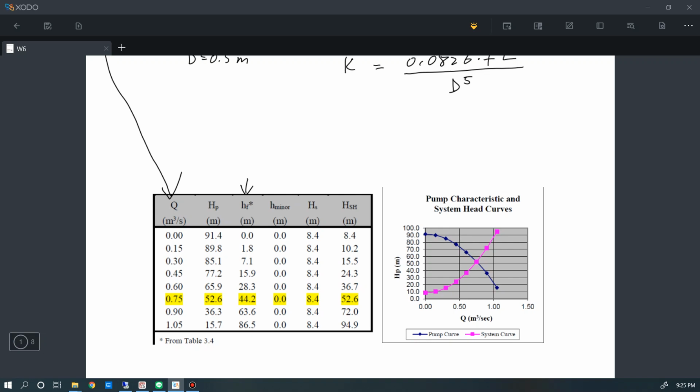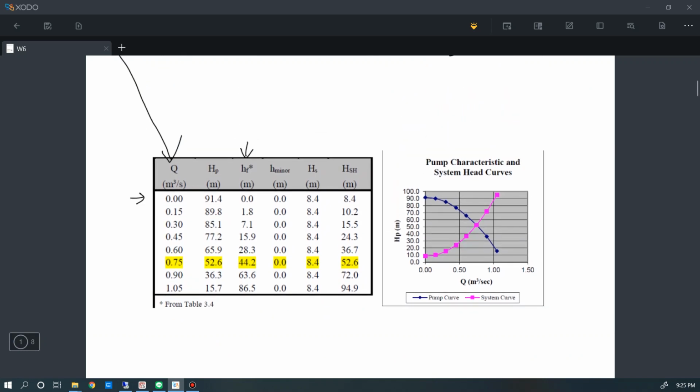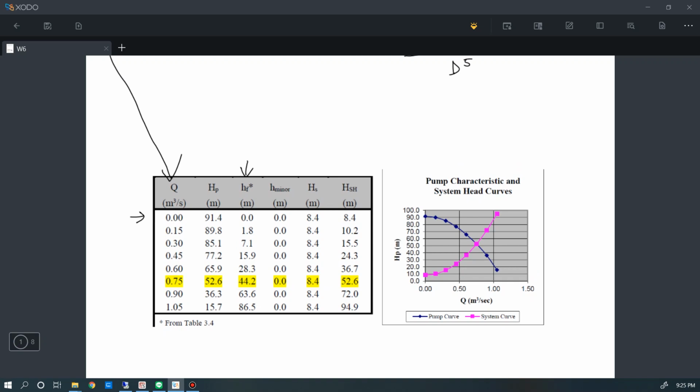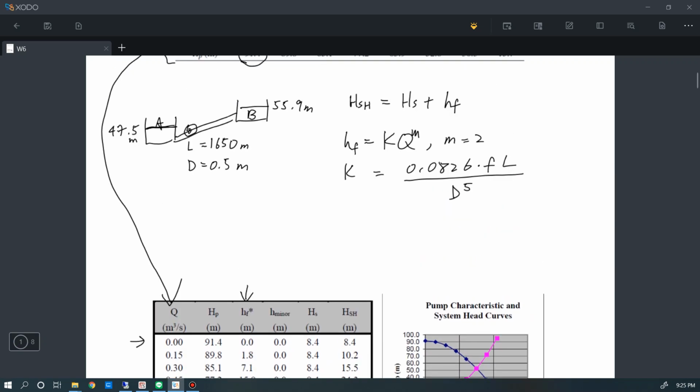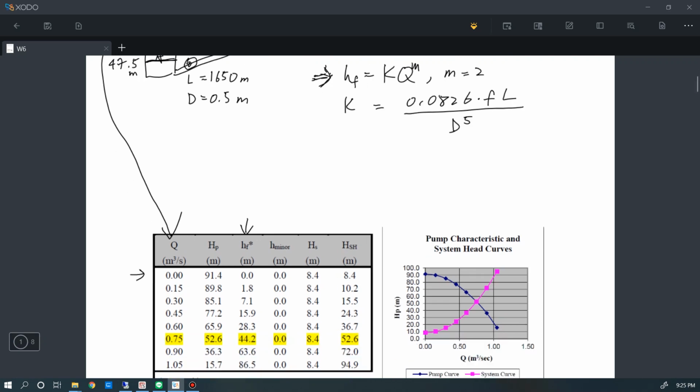So let's start with this first row. We have the flow rate equal to 0. So the total energy that can be provided by the pump is equal to 91.4. Because there's no flow in the pipeline, according to this equation, the friction head loss is equal to 0. And in this problem, we don't consider any minor head loss, so the minor head loss is also 0.